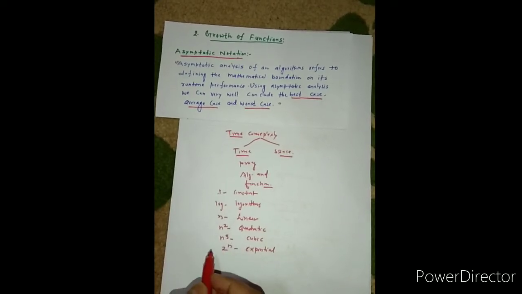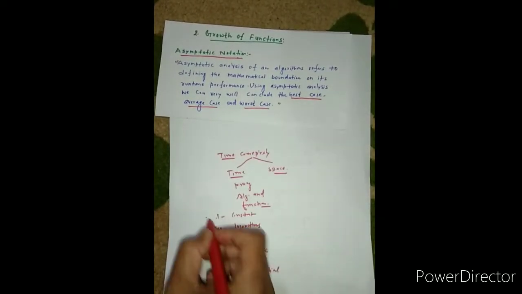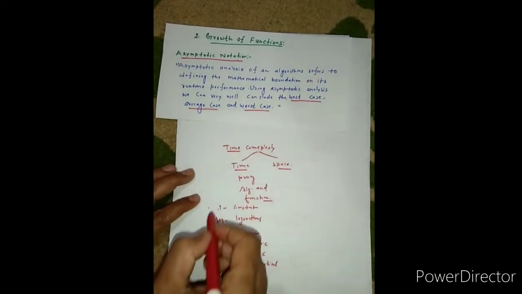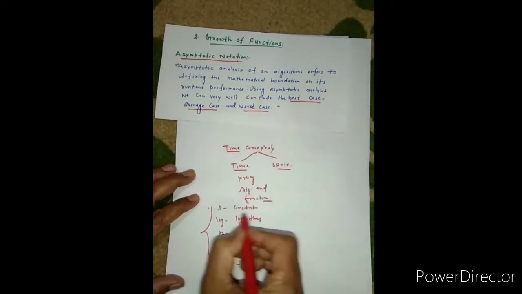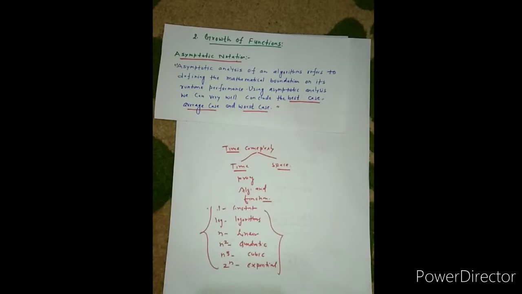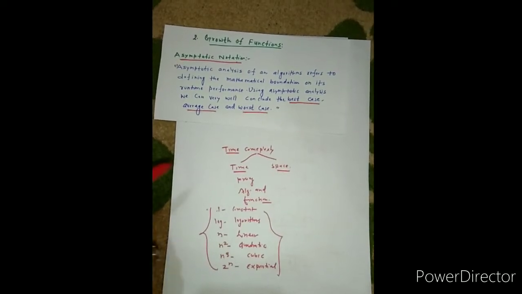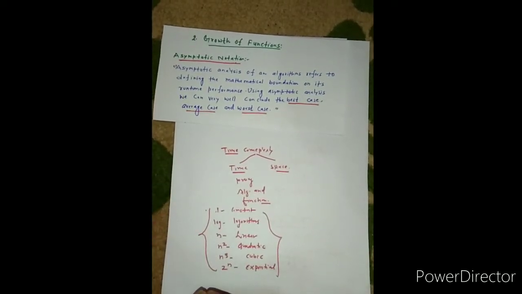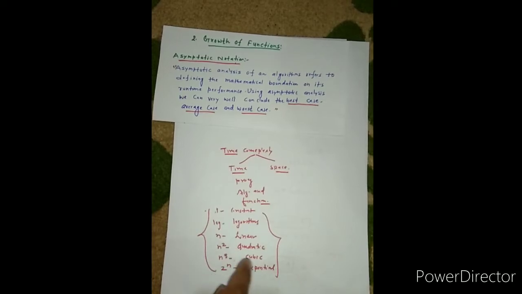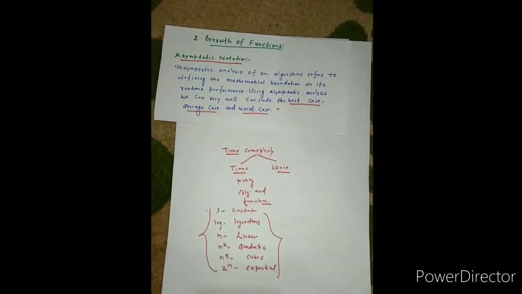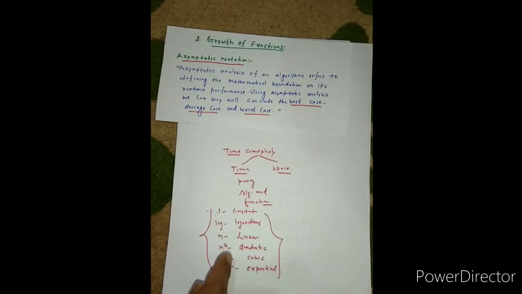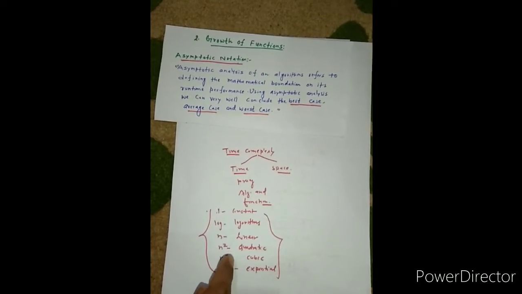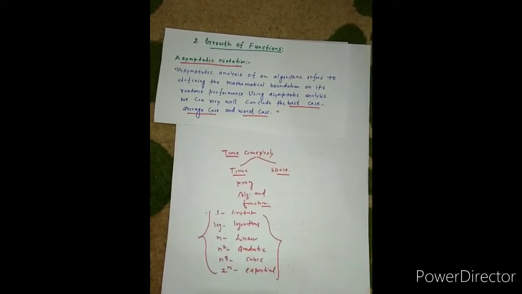The time complexity of an algorithm may be multiple or single. So before going to asymptotic notation, let us take some algorithm and find the time complexity.